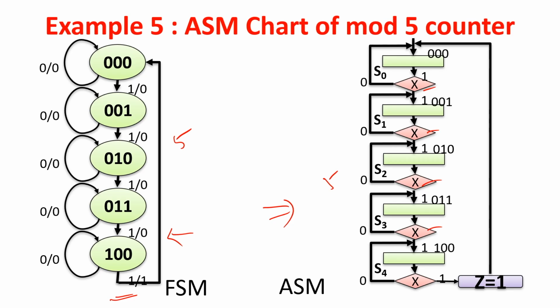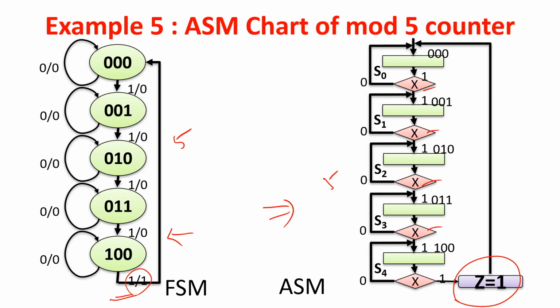So, this one is very simple. The output is equal to 1 when z is equal to 1. That means when you are in state 4 then output 1.